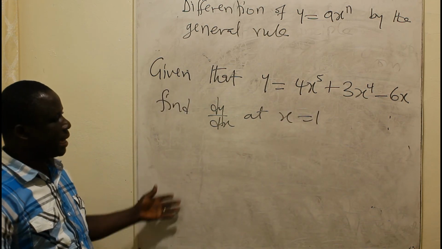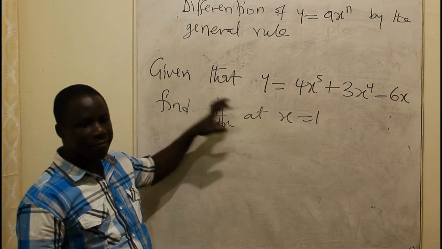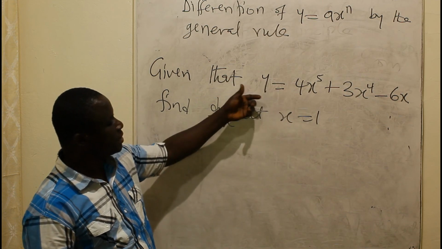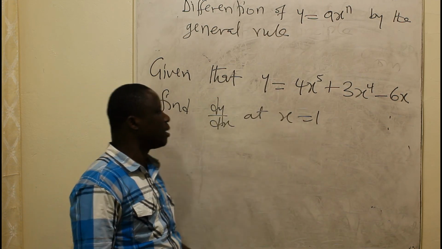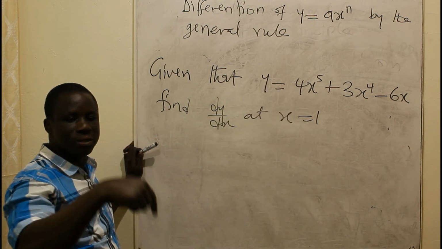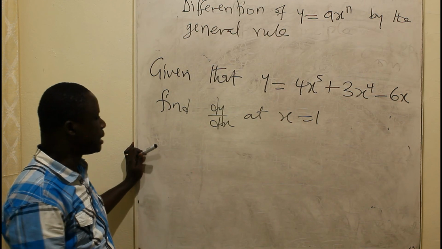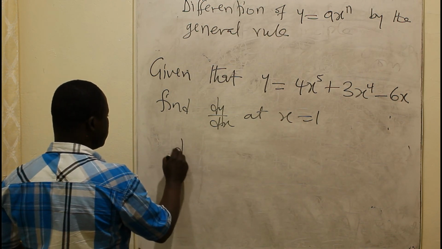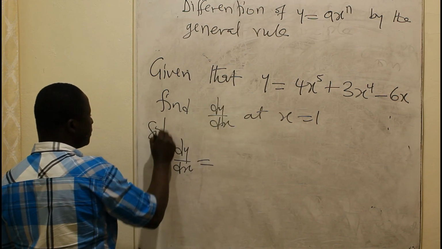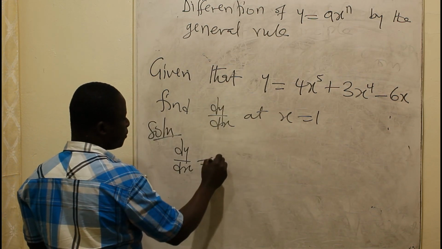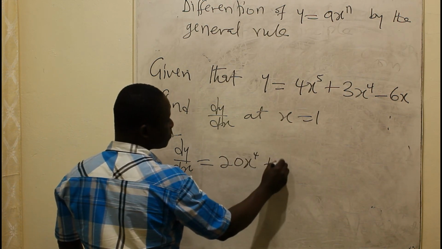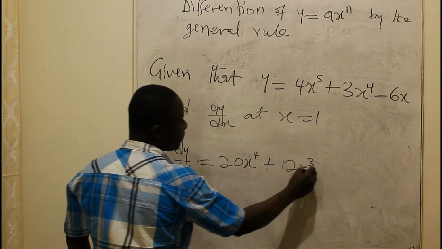What this means is that you have to find the slope of the function when x is 1. That is the differential coefficient at x equals 1. So you need to find the derivative of the function, then you put in 1, and you get the answer. When you differentiate the function, you have 20x exponent 4 plus 12x exponent 3 minus 6.